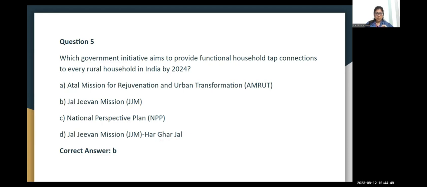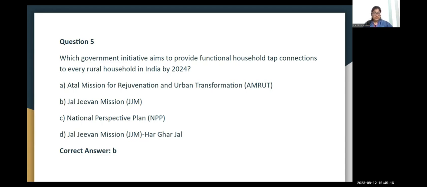Both the answers, B and D, are correct, but while correcting, I don't know if they have considered this. So if you're not getting the correct answer, you can raise this issue in the forum, and they will definitely provide you with a response. So B and D are both correct options.